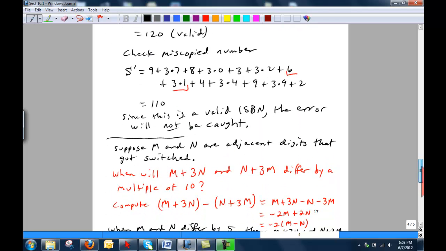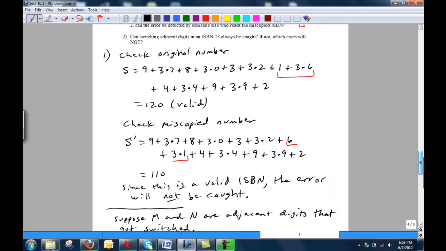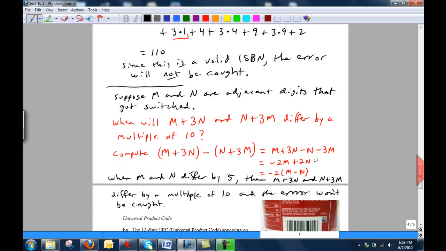So the ISBN 13 catches most transposition errors. The only time it doesn't is when you transpose two adjacent digits that differ by 5. So like a 1 and a 6, or a 2 and a 7, 3 and an 8. If those numbers are side by side and they get transposed, ISBN 13 won't catch those.